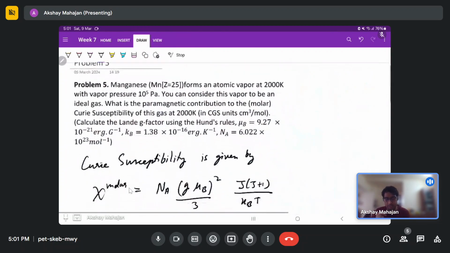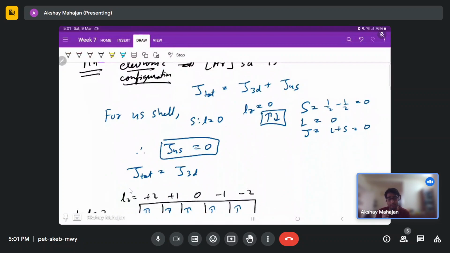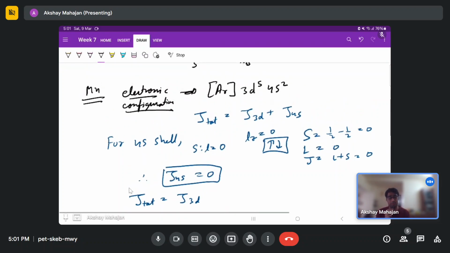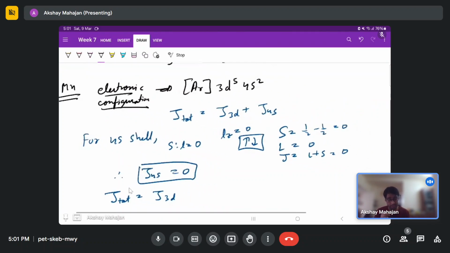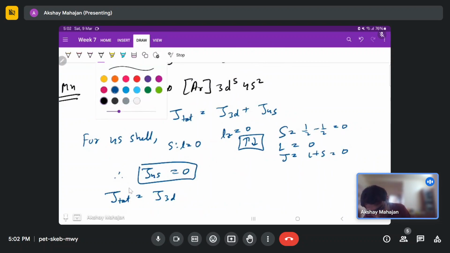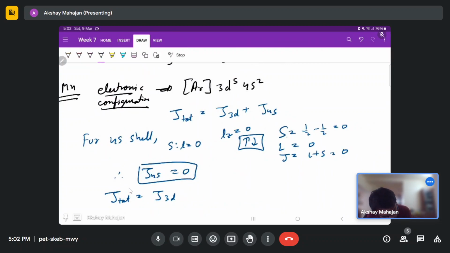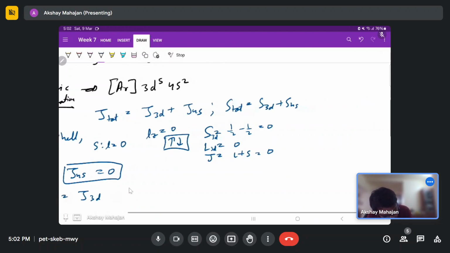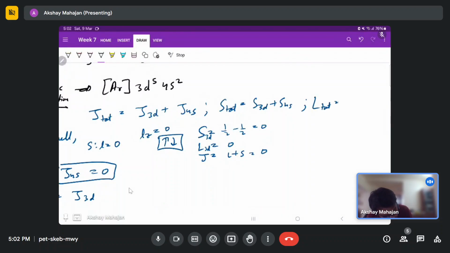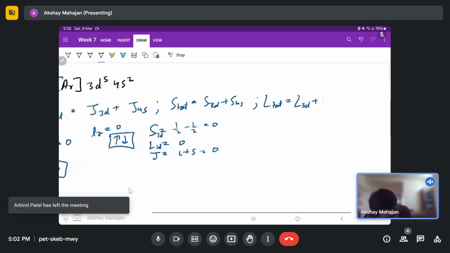Similar to the J total value, it will be the case for S total as well. The total S spin has contributions from both 3D and 4S, and since for the filled case these are 0, S total equals S3D plus S4S, and L total will be L3D plus L from 4S.